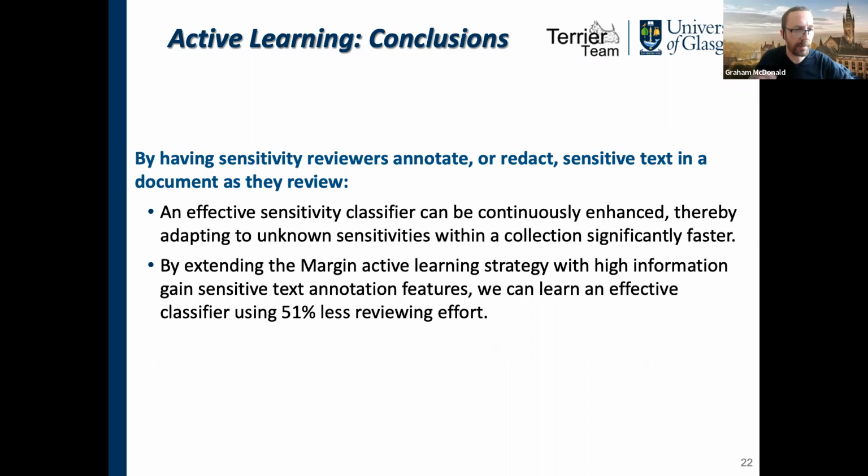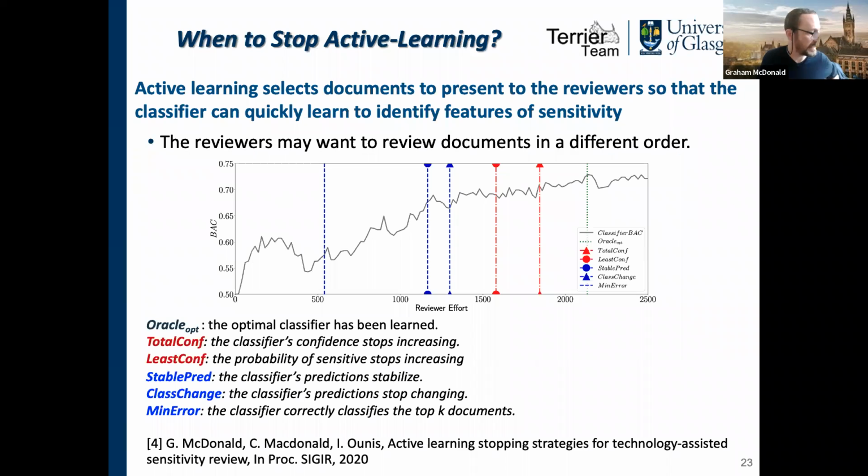Okay, so that's the basic process of what we want to do with active learning. One thing worth noting is that the active learning strategy presents the documents to the reviewer that are most useful for the classifier to learn. But the reviewers themselves might prefer a different presentation strategy.